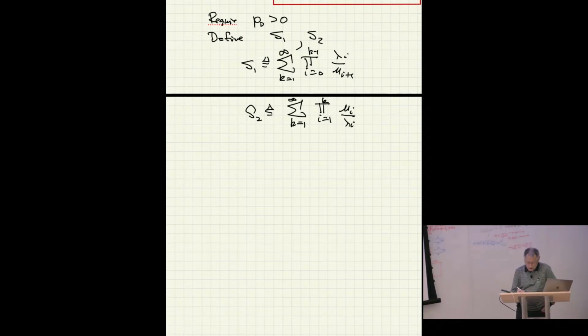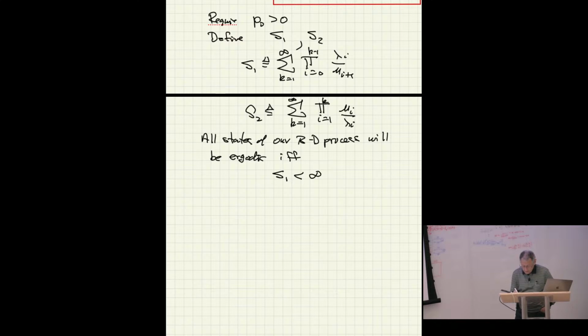And here are the conclusions from those sums. All states of our birth-death process will be ergodic, which is what we want, if and only if S1 is less than infinity. That's the first statement. Second statement, all states will be recurrent null, again, if and only if S1 is infinite and S2 is also infinite.